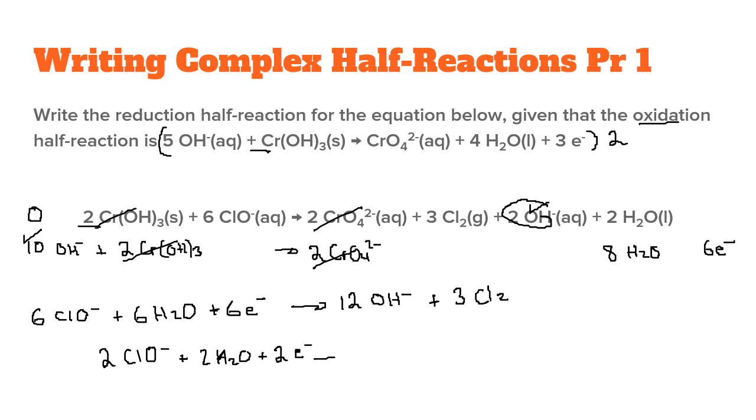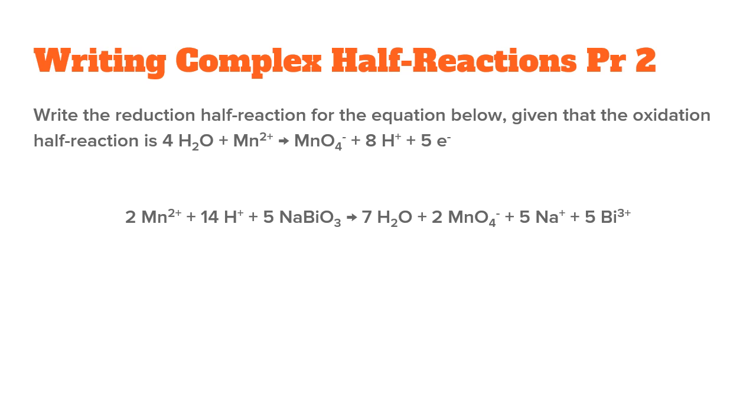And that's going to yield 4 hydroxide ions and 1 chlorine gas molecule. Actually, that's not right, there's only going to be 4 hydroxides. There we go. Now everything should be balanced with respect to our electrons and with respect to numbers of atoms.